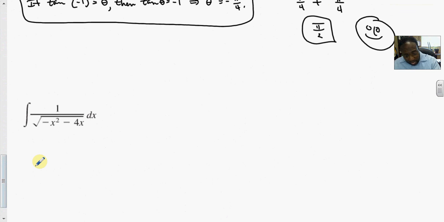Well, herein for this problem lies the problem, right? What is it? Okay. Well, let's see if we can simplify it. It looks like we need to complete the square, but we don't have all of what we need, right?